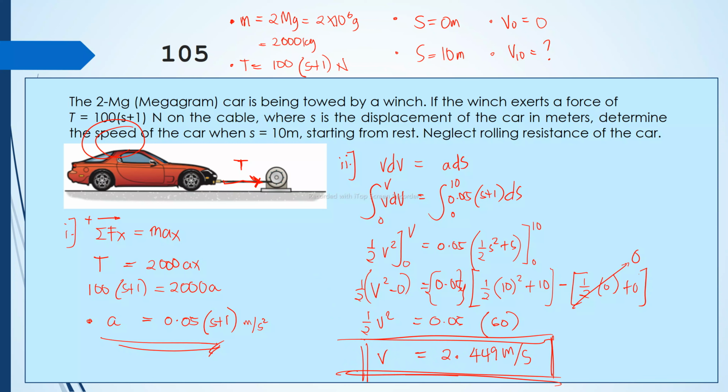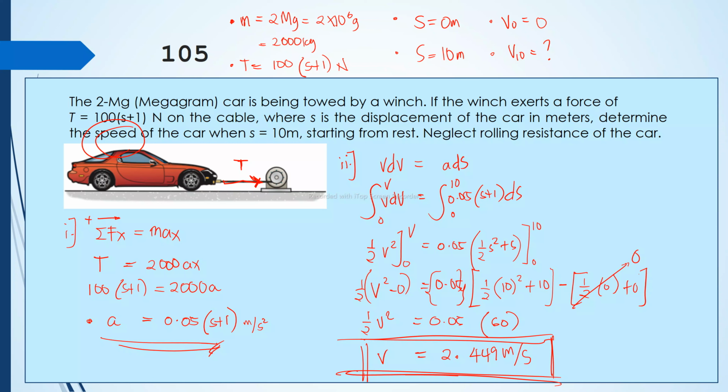So this is very simple, no? If you notice that there is no kinetic friction or any resisting force acting along the acceleration of the object, then we can neglect the forces along y. We just solve for the forces along x. There is no rolling resistance of the car, and remember that our force is not constant.